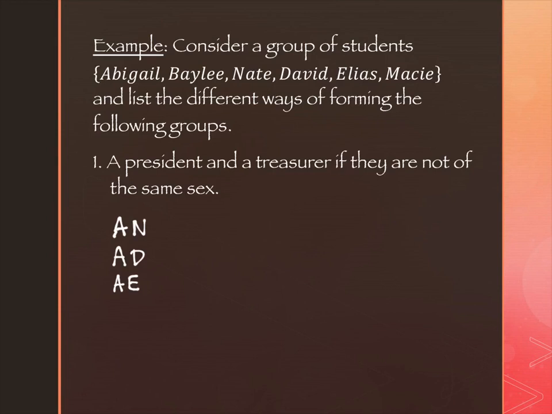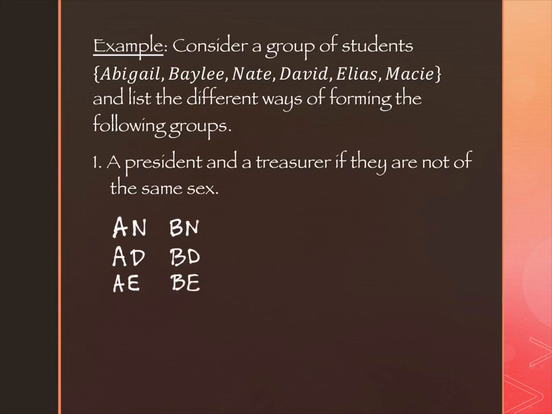Okay, so that's fine. But Abigail may not actually be the president, right? Like, that doesn't have to work out that way. It may be somebody else. So instead of Abigail being president, maybe we'll just go down the list, Bailey as president. So if Bailey is president, who could be the treasurer with Bailey? Nate? David? Or Elias?